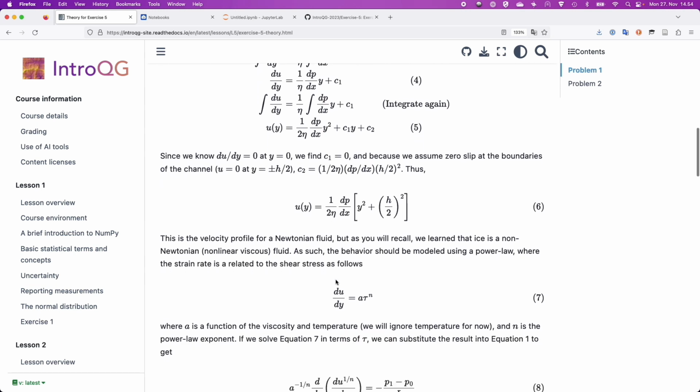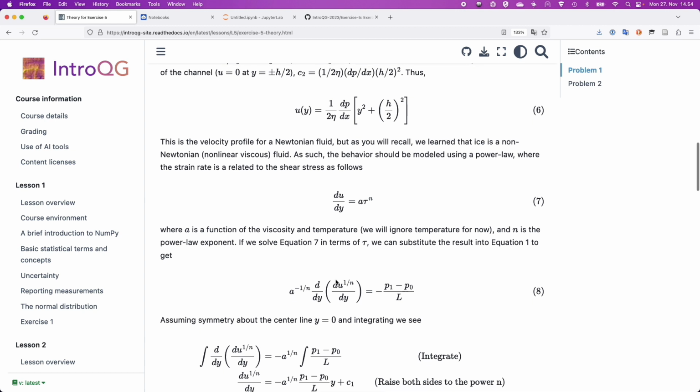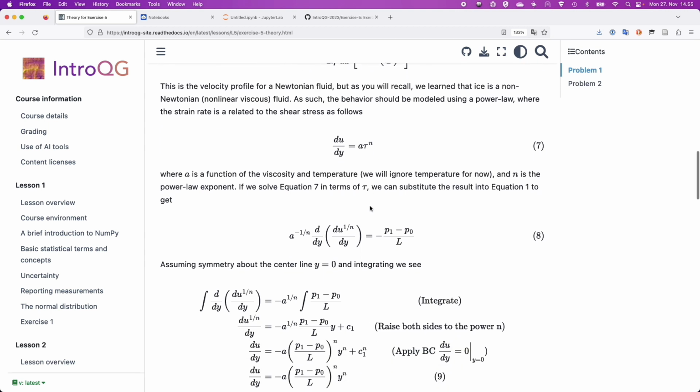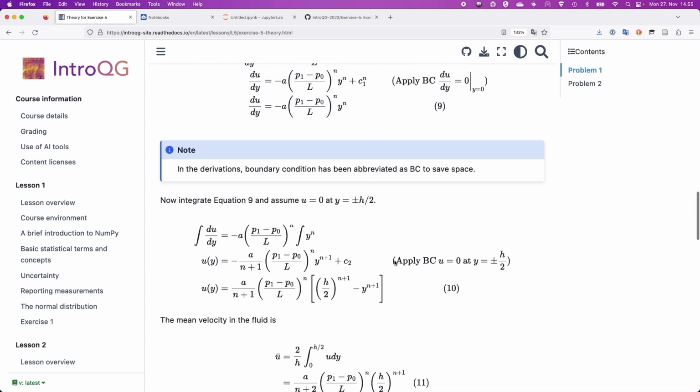The important thing you're going to deal with here is that this is the case for a linear or Newtonian fluid, but of course ice is not a linear type of fluid. It's a nonlinear viscous fluid in terms of how it deforms. So the relationship you start from is a little bit different, in that you have this tau to the power n, and what you'll end up using is equation number 10.